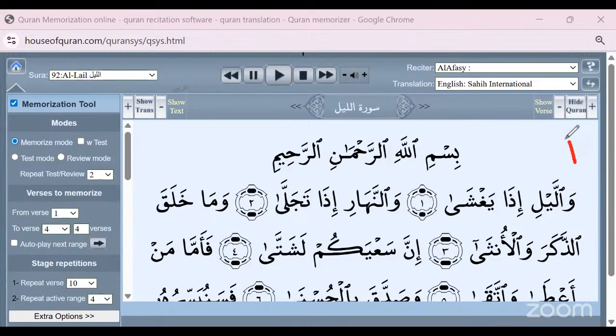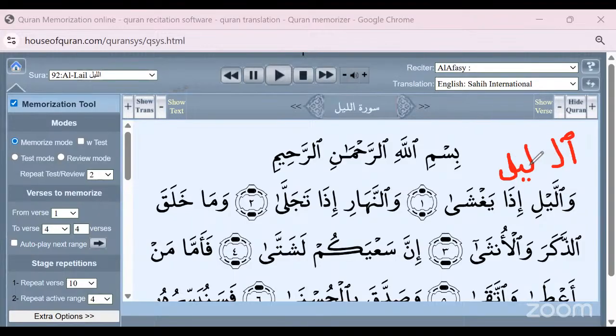al-layli is al, which means the, and then layl. Al-layl. Do you get it? So layl means night.